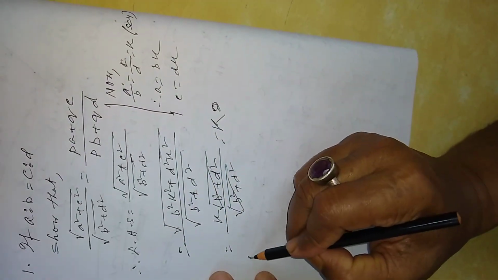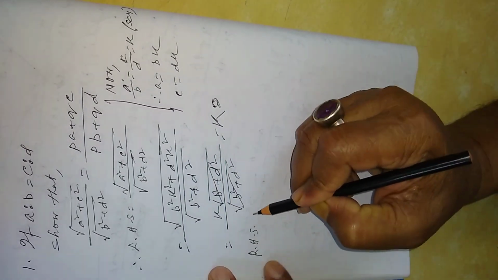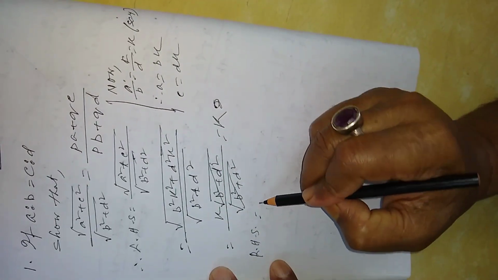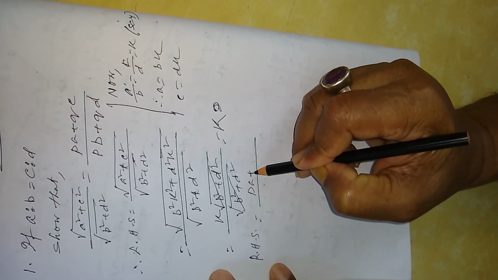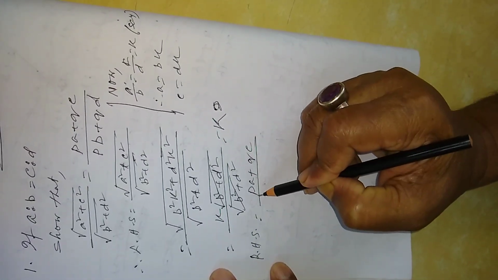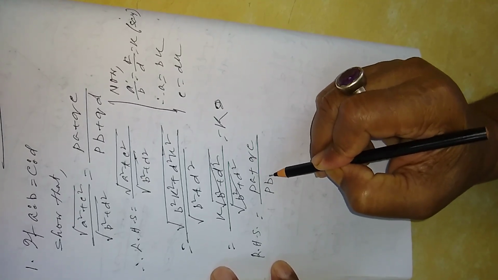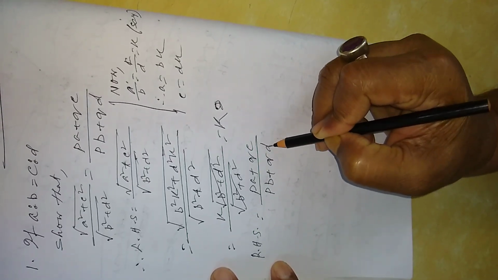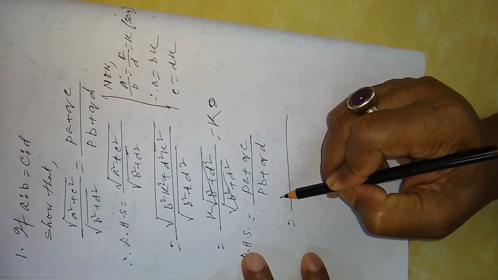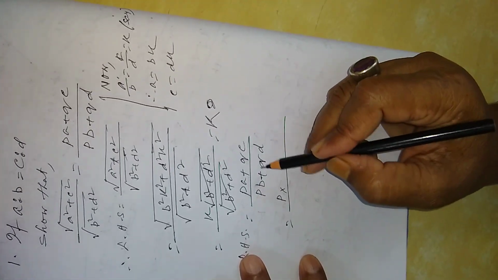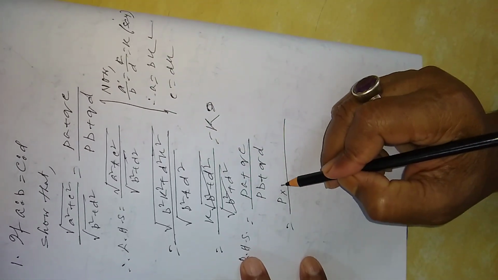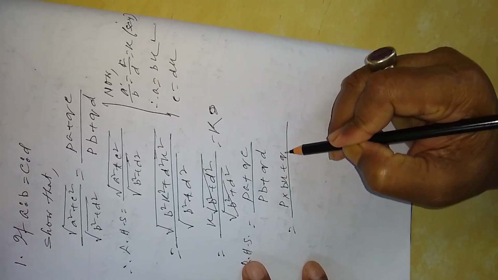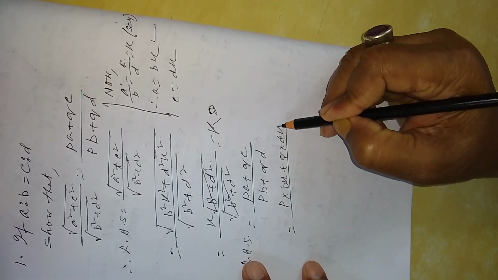So right hand side is equal to PA plus QC divided by PB plus QD. Again, A is equal to BK and C is equal to DK.